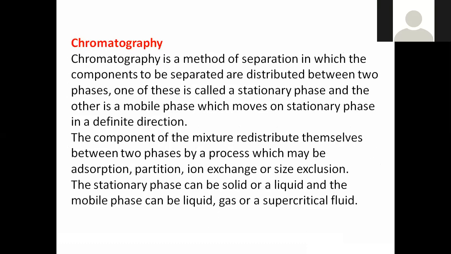Chromatography is a method of separation in which the compounds to be separated are distributed between two phases. In the first case, we have seen the separation on the basis of mobility or on the basis of solubility. Here the other method is separation on the basis of their distribution coefficient.